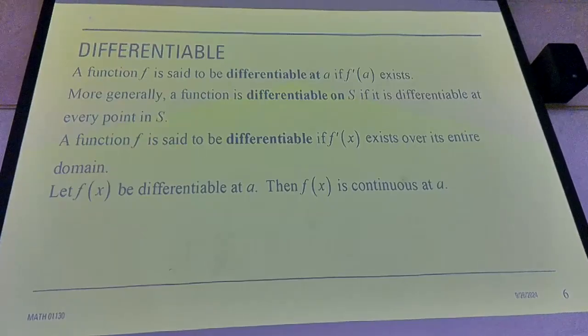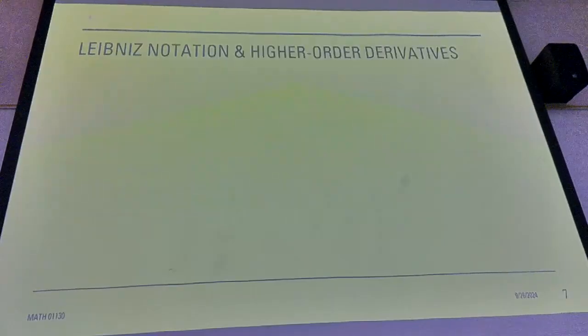So why doesn't Leibniz get the credit? Because Newton was a jerk. The head of the society that published papers was Newton.